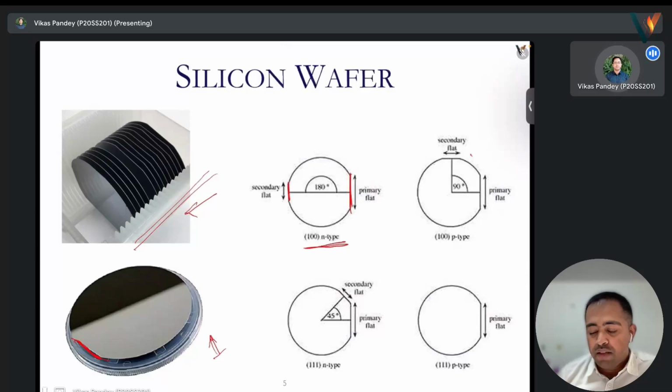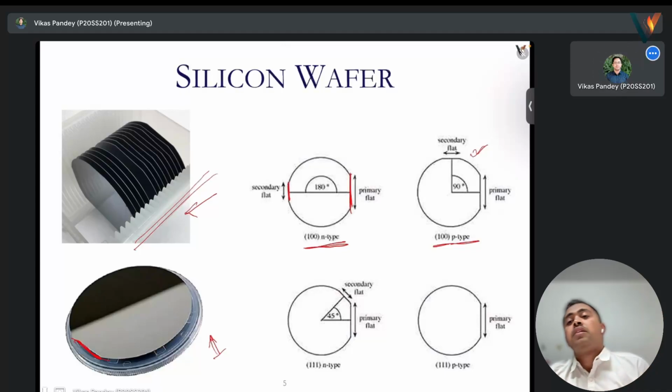Similarly, if we have a secondary flat that is at 90 degrees to the primary flat, then it is a p-type semiconductor having 100 crystal orientation plane. If the primary flat and secondary flat are separated by just 45 degrees, then it is 111 n-type.